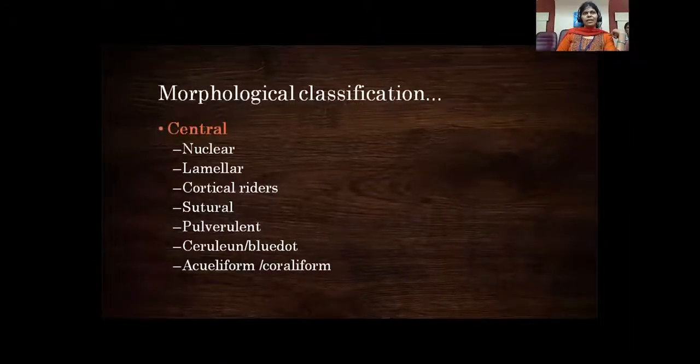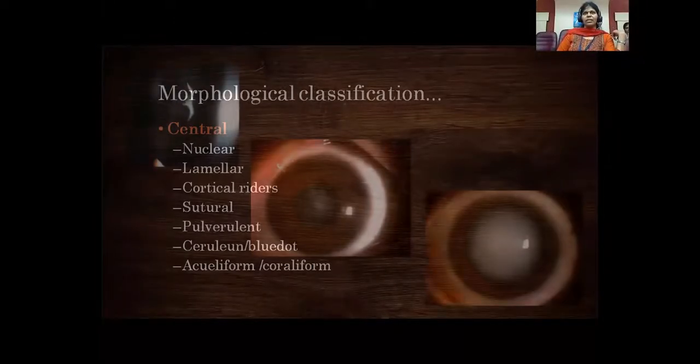Central cataracts, which we see more commonly, can be nuclear, lamellar, otherwise called zonular, cortical, sutural, pulverulent, cerulean, aciform or coralliform cataracts. These are some examples of central cataracts, which depending on their density affect the vision and hence the need for management. The cataract in the right side corner is a total cataract.